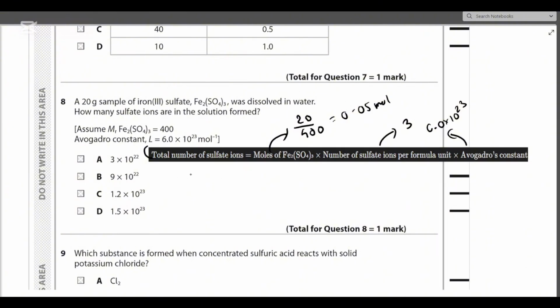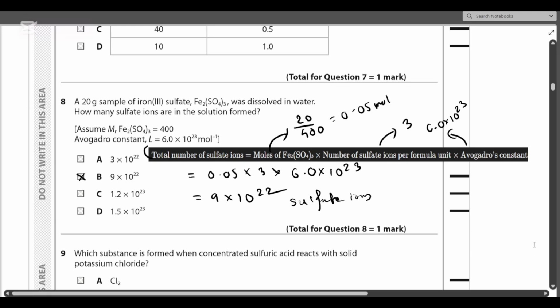So eventually, you can write it as 0.05 times 3 times 6.0 times 10 to the power 23, which leads us to 9 times 10 to the power 22 sulfate ions. So the answer is B.